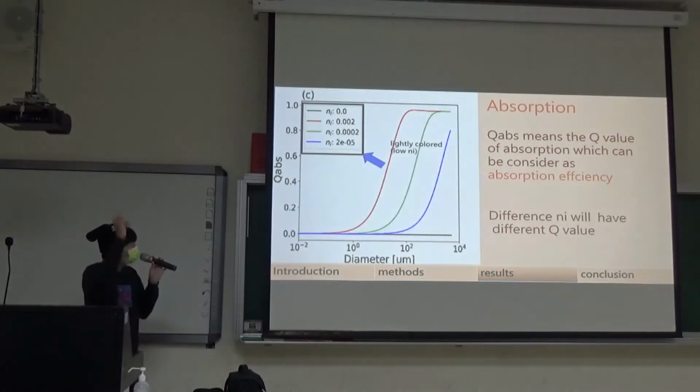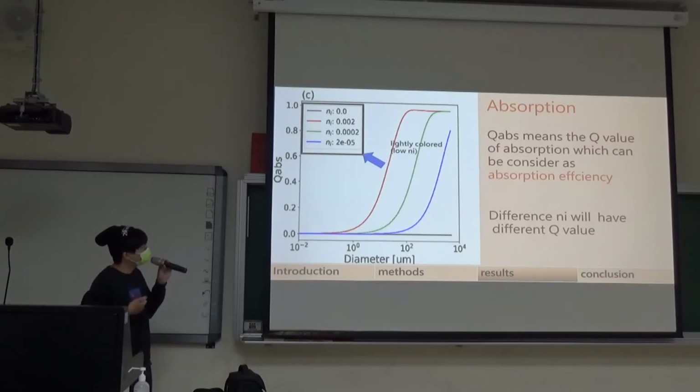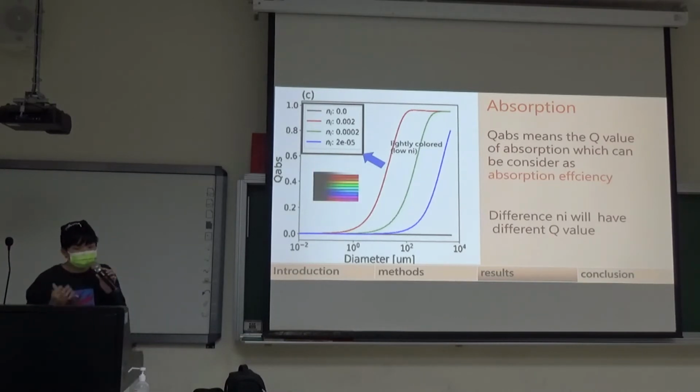In this figure, the x-axis is the Q value of absorption, which can simply be considered as the absorption efficiency, the ability of the particle to absorb light. When a particle is lightly colored, it has a lower Ni.